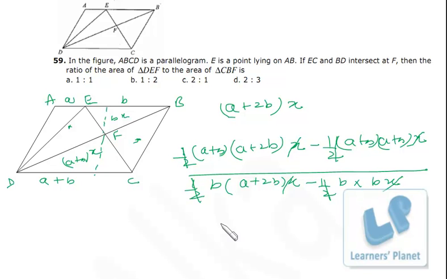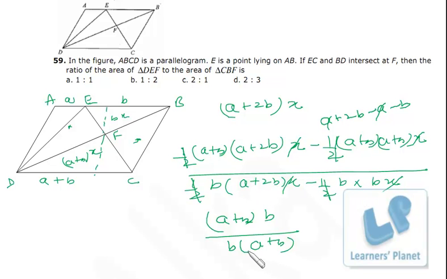From the numerator, if we take A plus B as common, then we'll be left with A plus 2B minus A minus B, so it will be just B. Okay, and in the denominator we can take B as common, so in the bracket A plus 2B minus B, it will be just A plus B. So that's a 1:1 ratio. So that's pretty simple.